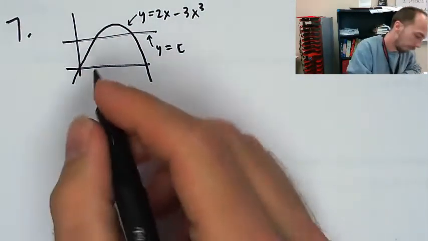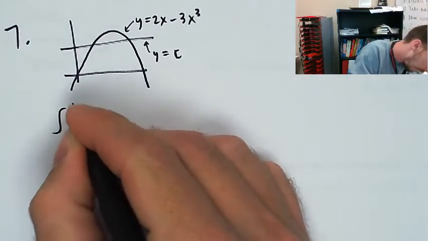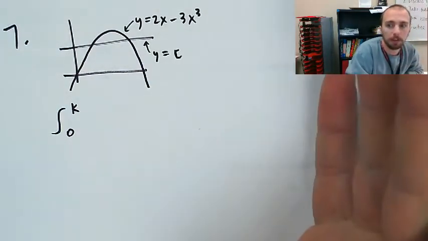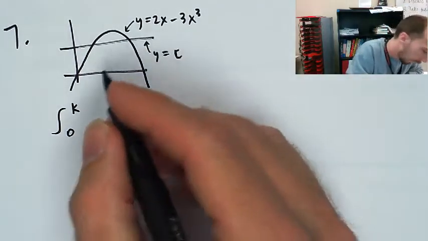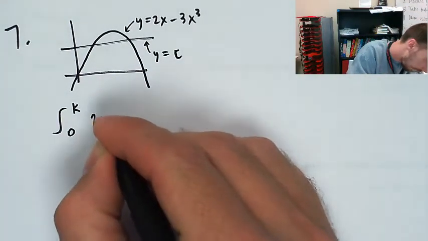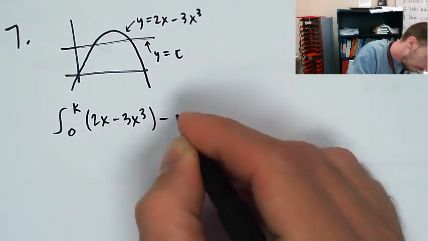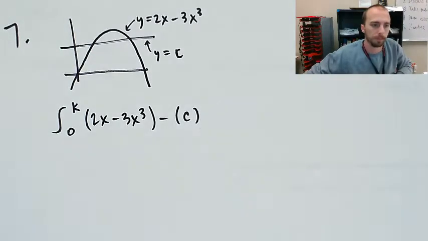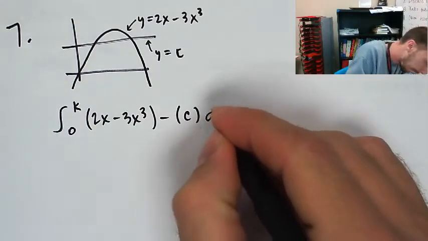So that's going to be my first stop. The integral from 0 to k of, it doesn't matter, you can do top minus bottom or bottom minus top, because it's going to equal 0, right? So I'm going to say 2x minus 3x to the third minus c, with respect to x.